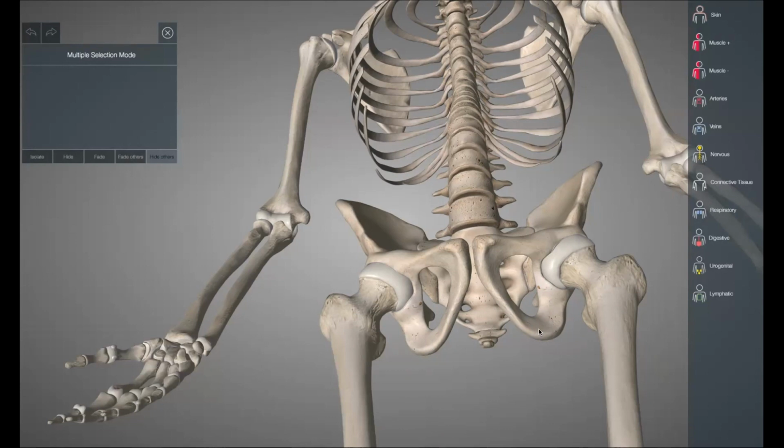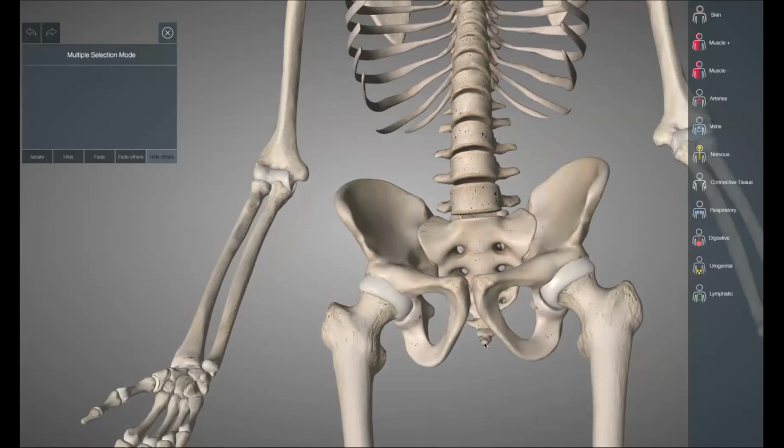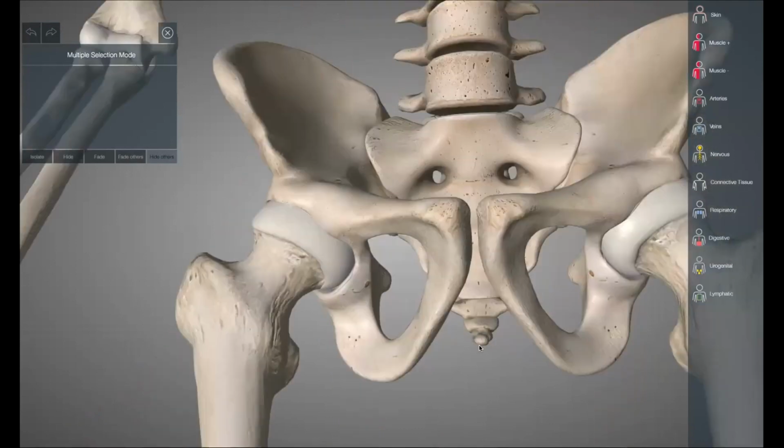What was the posterior one? Posterior is the tip of the coccyx. Yes, this tip here.